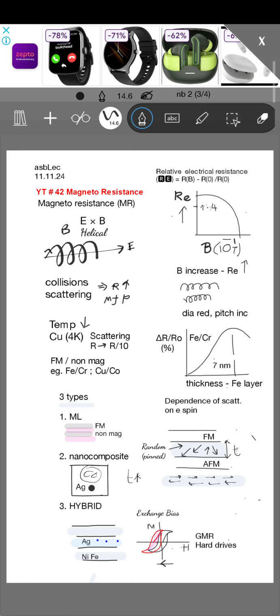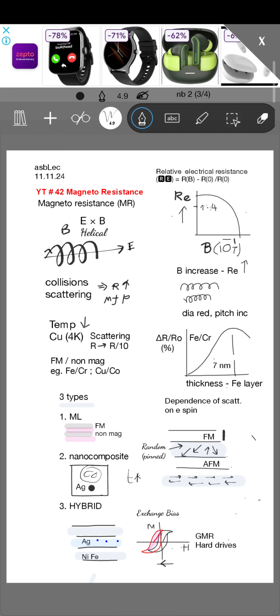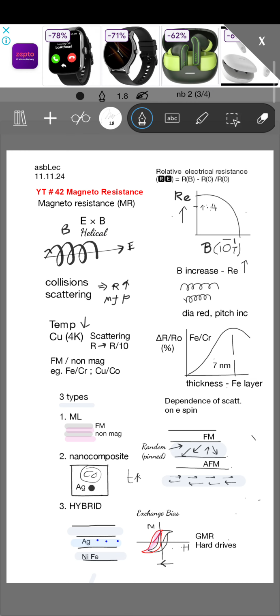I think this is not T. Increase in thickness is meant for this value, the thickness of the ferromagnetic layer T. This is actually T. So it was found that the resistance increased up to a certain thickness and then it went down. So how can we explain this phenomenon?